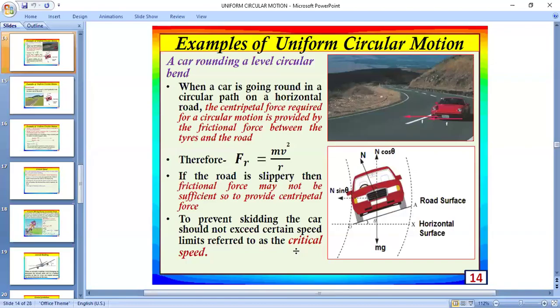So that brings us to another question that's always asked. Define critical speed as used in uniform circular motion.